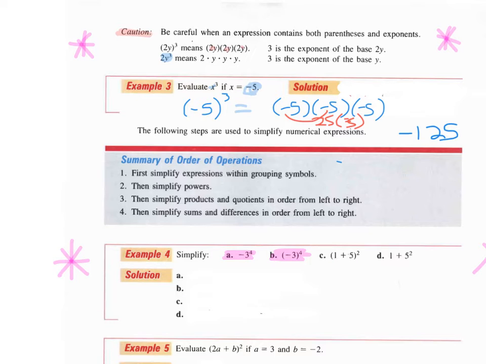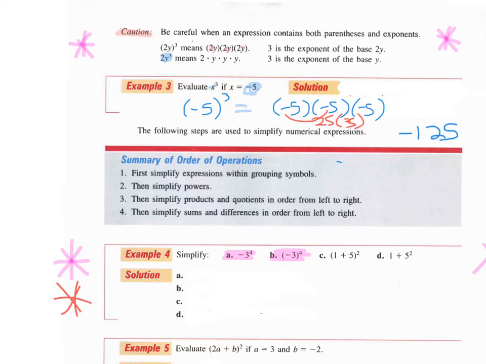Now, this next example, very, very important. Notice part A and B of example 4, they look like the same thing, but notice one has parentheses and one does not. These are going to give me totally different answers. So part A is saying the opposite of 3 to the 4th power.